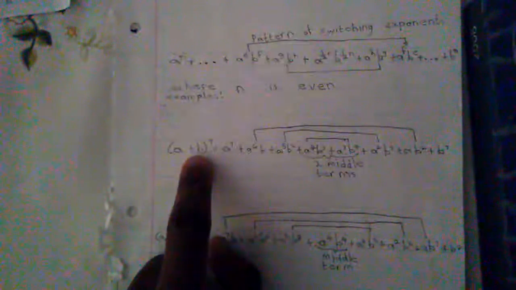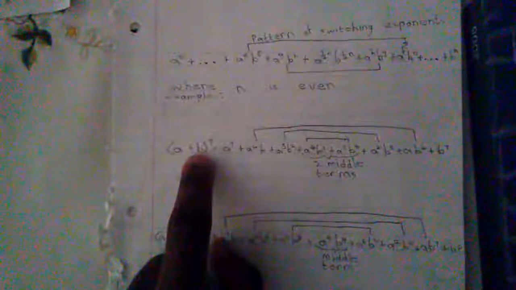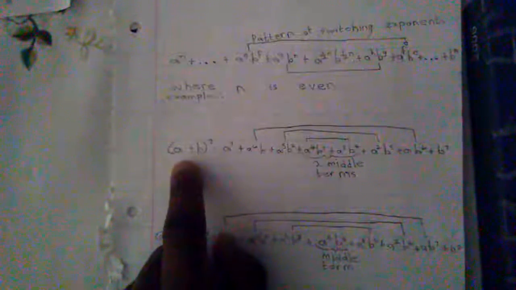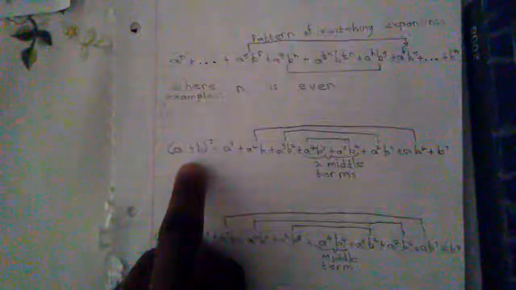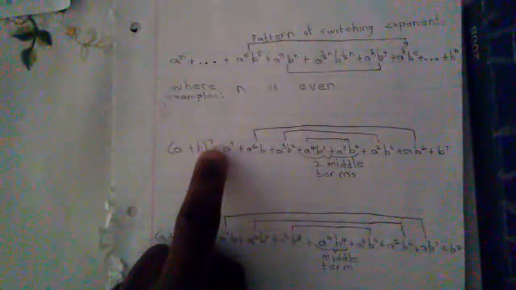So where n is odd, for an example, let's take a plus b to the power 7.